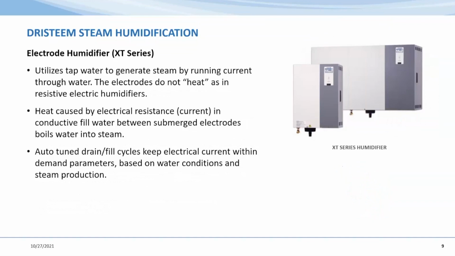DriSteem steam humidifier XT series, an electrode style humidifier that we use, tends to be a good price to market entry point. This is something that uses current technology through the water to vaporize and to create steam humidification. So with this technology, this one is definitely easier from the maintenance perspective if this unit does need replacement of the tank and electrodes.